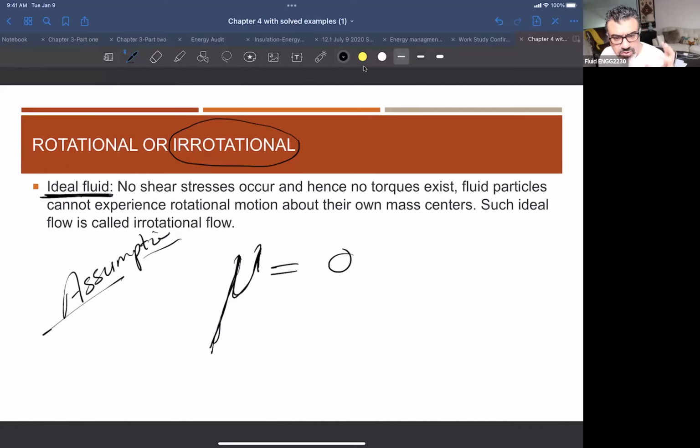Incompressible, okay, let me ask you before I put this. Compressible and incompressible are related to what? Density, thank you. Because density is the definition of compressible and incompressible.